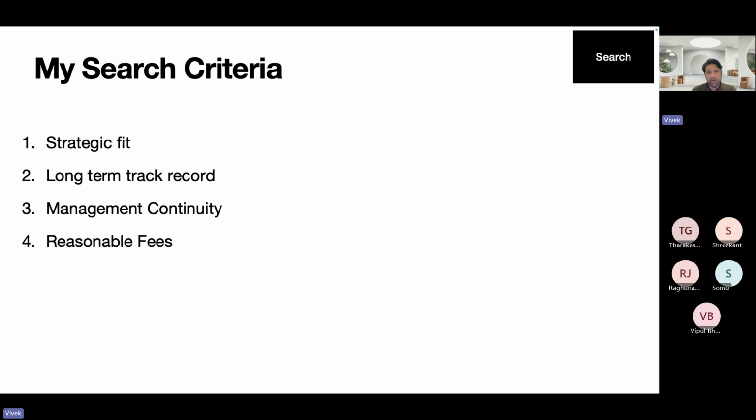There is management continuity with the scheme that I'm going to invest in, and obviously I don't want to pay very high, exorbitant fees. So the fees have to be reasonable. So nothing out of the ordinary. Very simple search criteria that I'm going to apply on the universe of mutual funds. Actually, that helped me in coming up with this small selection of funds, which today I'm invested in.